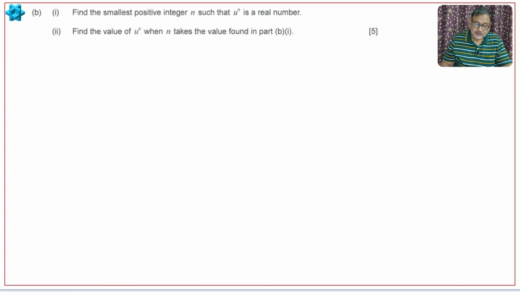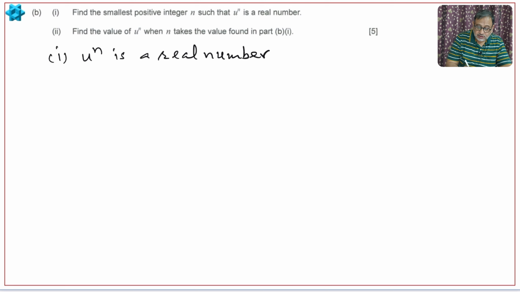Now part B says, find the smallest positive integer n such that u to the power n is a real number. It will be a real number if sin theta becomes 0. In cis theta, cos theta should be some real number and sin theta should become 0.